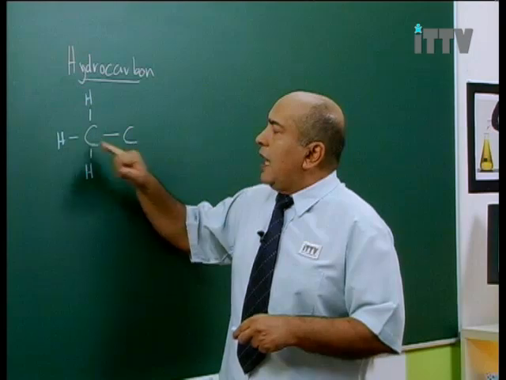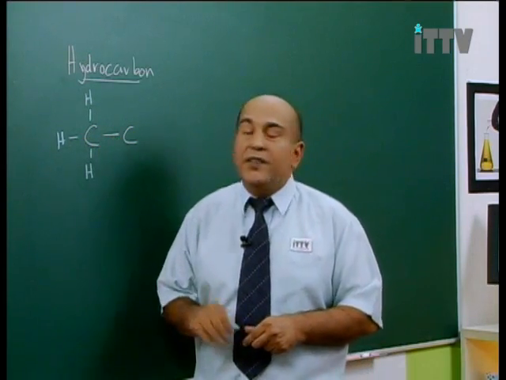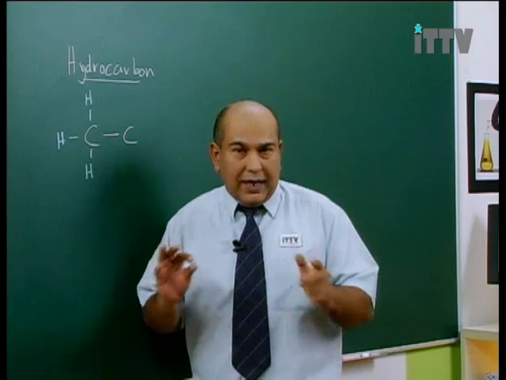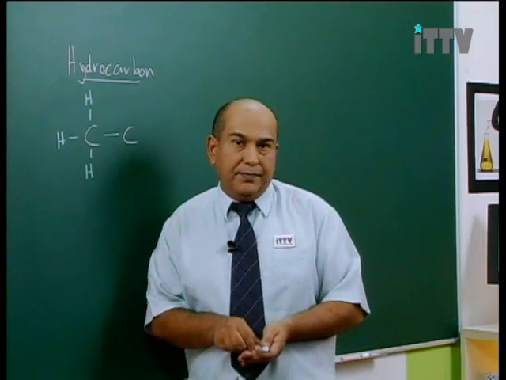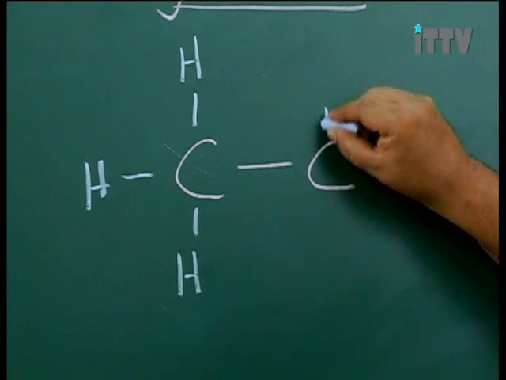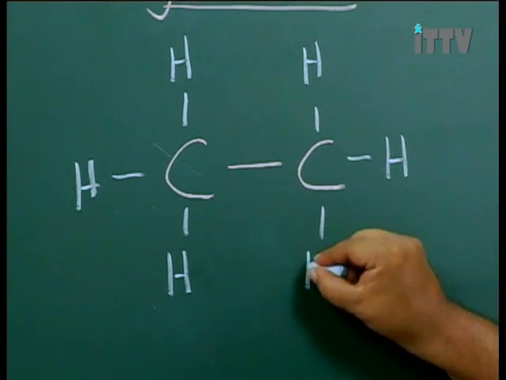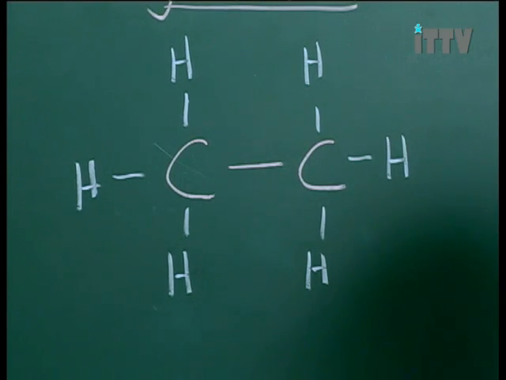So as you can see, this carbon here has got 1, 2, 3, 4 covalent bonds, gets its octet and becomes stable. The same will occur for the other carbon. So the other carbon here will also form 3 carbon-hydrogen bonds and get its octet.